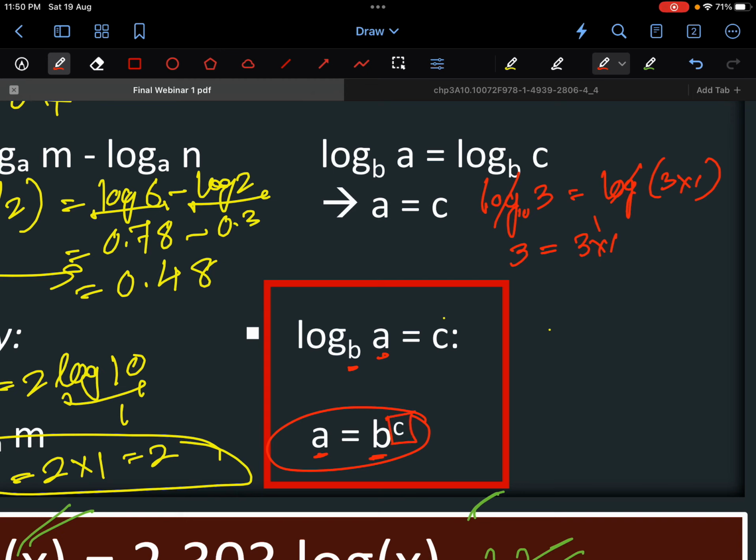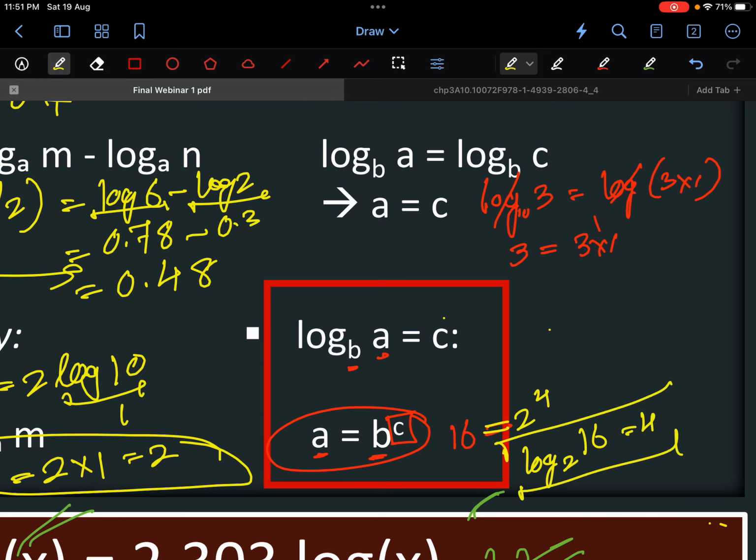Okay, let's understand with an example: 16 is equal to 2 to the power 4, right? So we can convert this into log, that is log 16 of base 2 is equal to 4. You can also check it in the calculator, it will come the same.